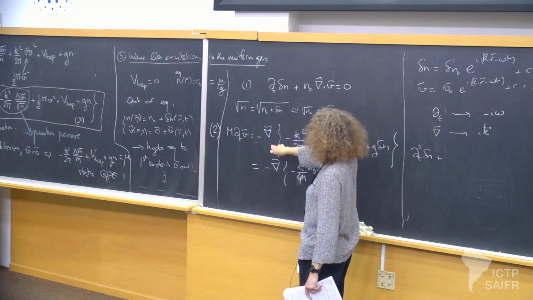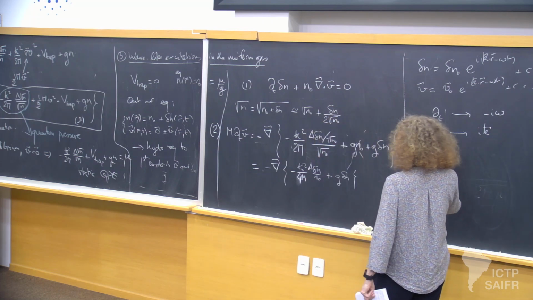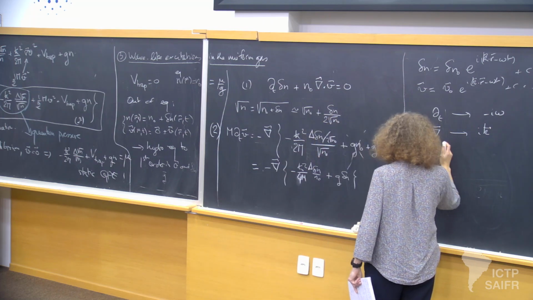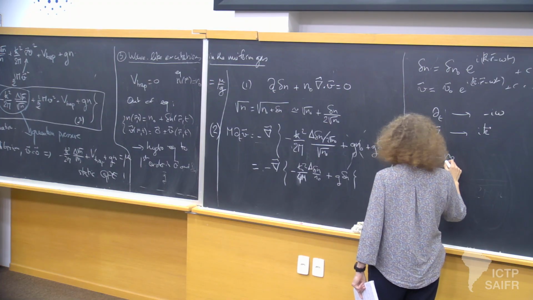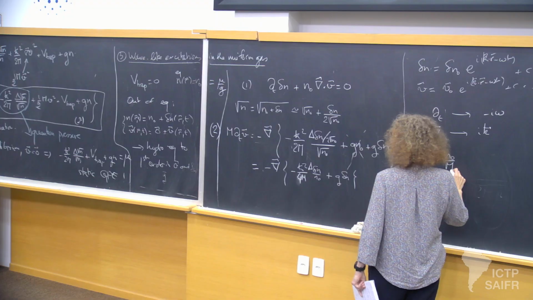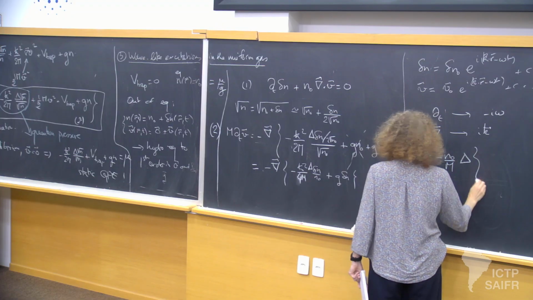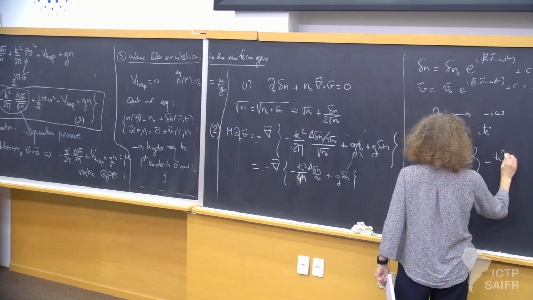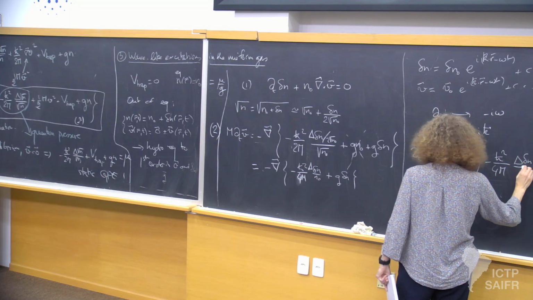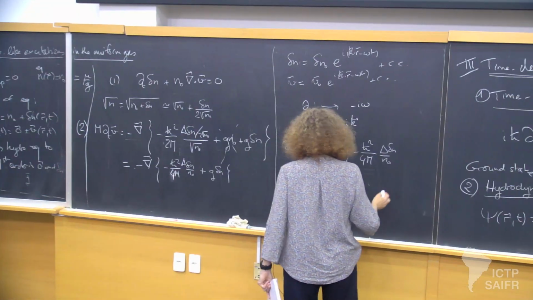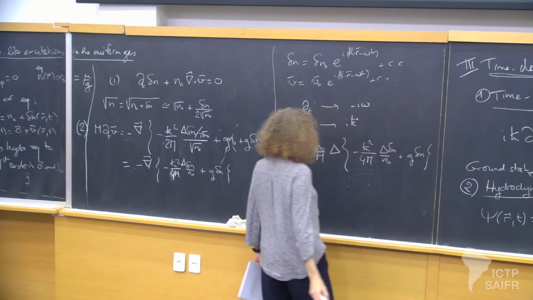And the time derivative of v is this one. So I have n0 and then minus 1 over m, the gradient, and then I have the Laplacian of my parentheses, minus h bar squared over 4m, Laplacian of delta n over n0, plus g delta n.